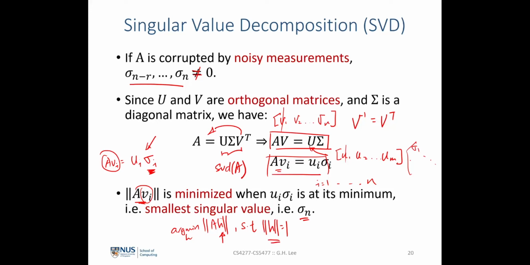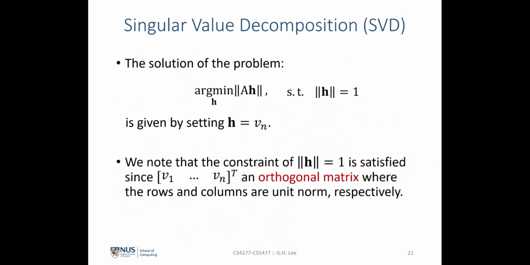This constraint is satisfied because V comes from the columns of an orthogonal matrix, where every column and every row has norm equal to 1. Hence, the solution to this least squares problem is simply given by setting h equal to Vn, which corresponds to the smallest singular value.